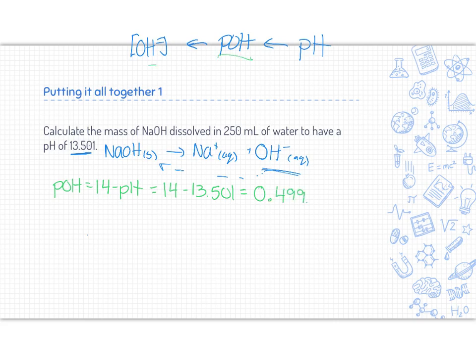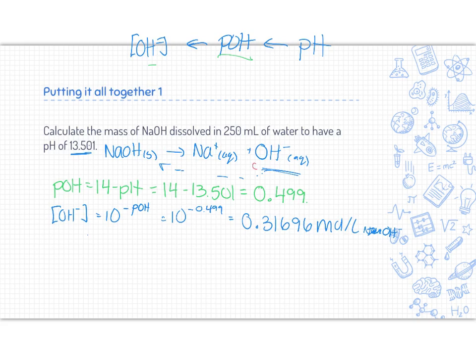With my pOH, I can find the concentration of OH minus using 10 to the negative pOH. So 10 to the negative 0.499 is equal to 0.31696 moles per liter. And that's of OH minus, my mistake. This isn't my final answer, so I didn't worry about my significant digits.